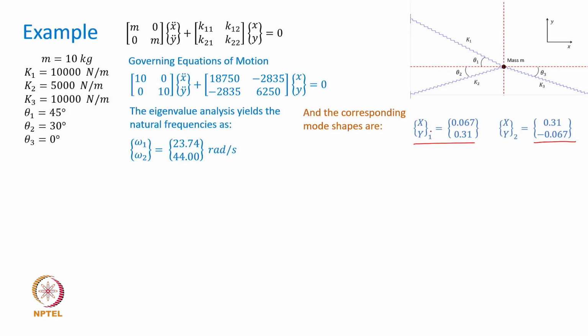So the first mode corresponds to the first mode eigenvector, which is the first mode shape given by these values.